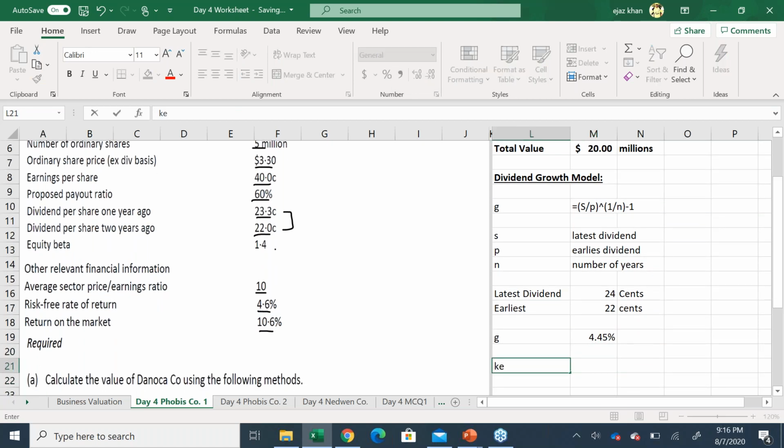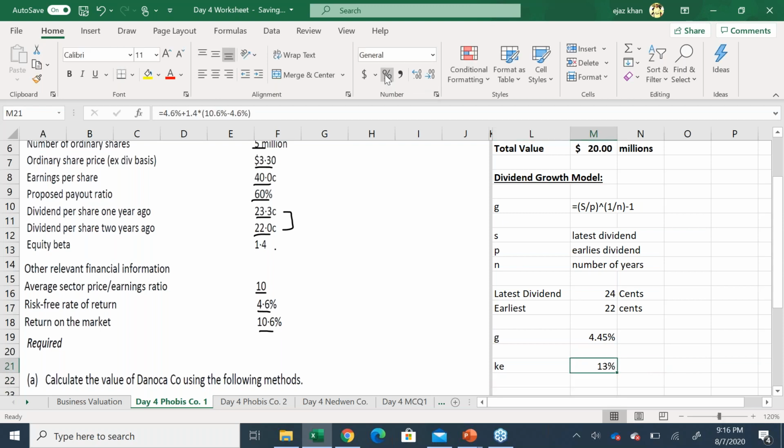Then we need the cost of equity, KE as well. KE should be calculated using the CAPM model, which we have studied yesterday. So the risk-free return is 4.6% plus the equity beta 1.4 into market return, which is 10.6%, minus the risk-free return, which is 4.6%.